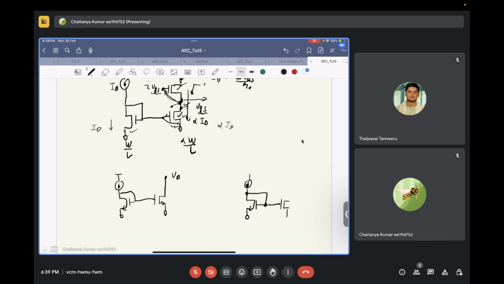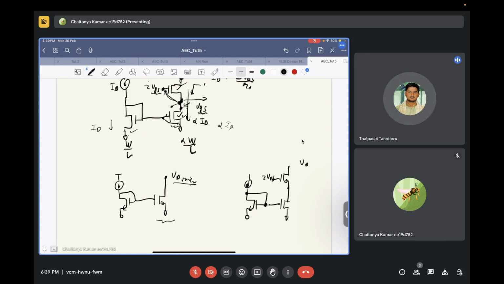Then you have one more transistor. Here you put two VGS and you apply VD over here. Now, can you tell me what is VD min that this particular drain voltage can go so that this transistor is still in saturation?